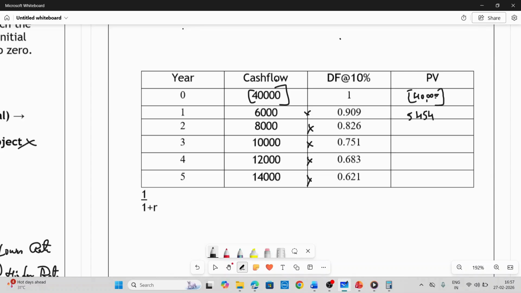So you calculate the remaining of this. 8,000 into 0.826 is 6,608. 10,000 into 0.751 is 7,510.